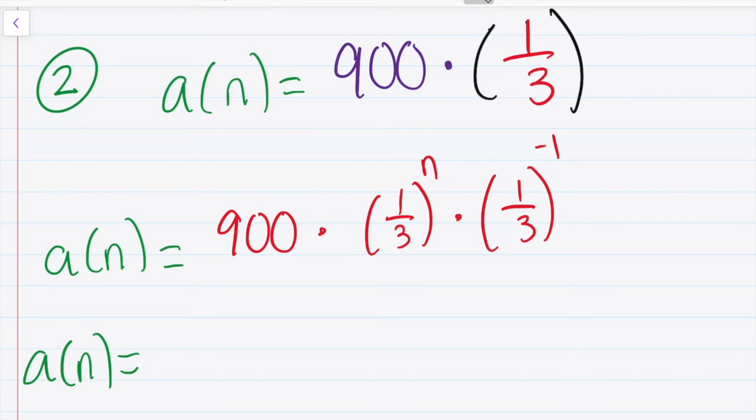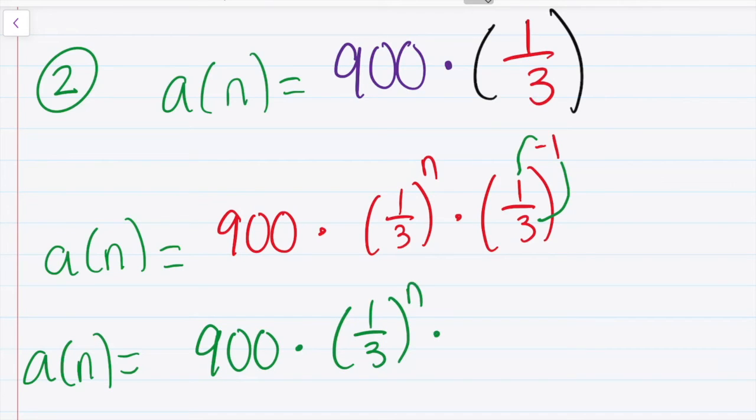Because it is not just one number, you need to distribute that -1 to both. So you end up having 900 times 1/3 to the power of n times 1 to the -1 power over 3 to the -1 power. You see what I just did? I just distributed to both numbers.